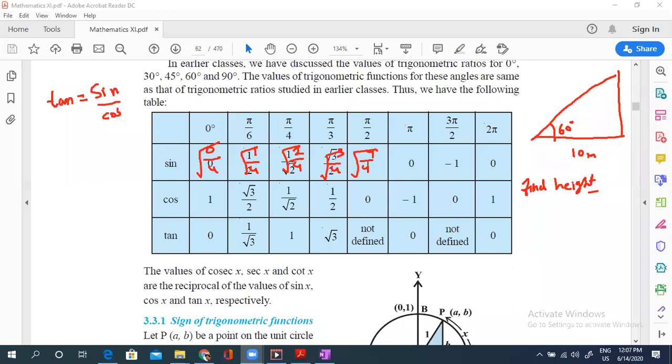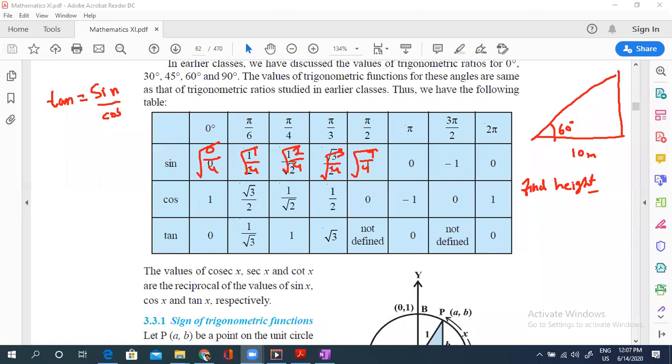Ahad, no. How come it will be 1 meter? You have to use trigonometry. Yes, Yashira, it's right. Base is given and you are asked to find perpendicular. So first you should think which trigonometric ratio needs to be used.